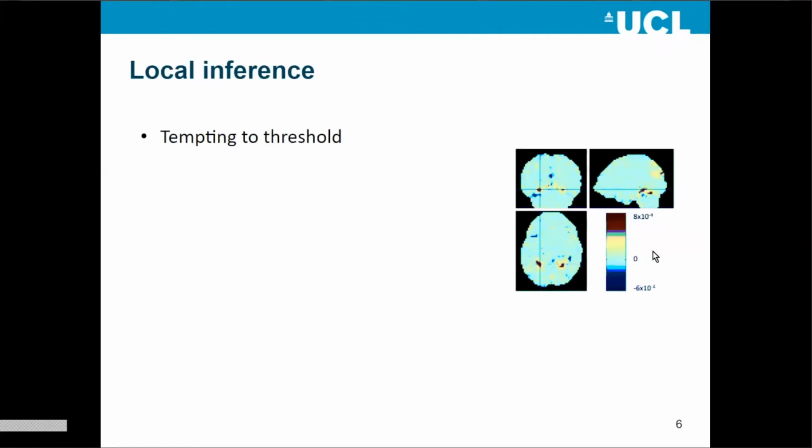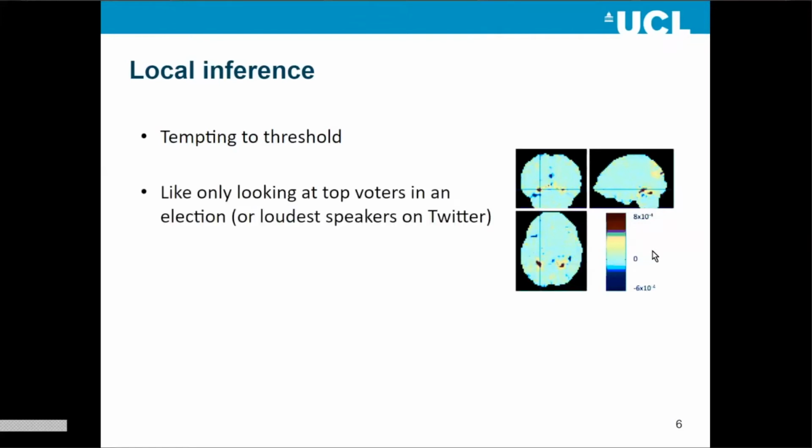But if I threshold, it's a bit like looking at only the top voters or the loudest speakers on Twitter. We know they don't represent the overall. If you were to have an election tomorrow, and you just take the votes from people that you hear about on Twitter, and you take the vote from the general population, you're going to have 2 very different results.